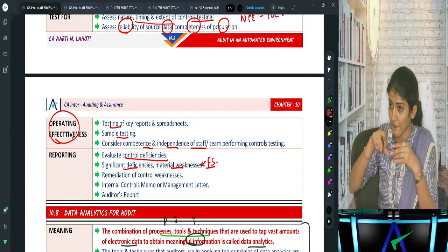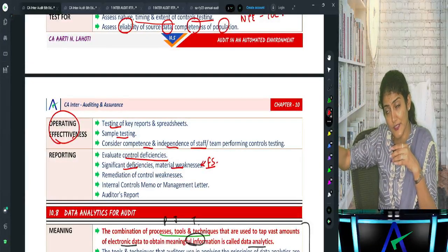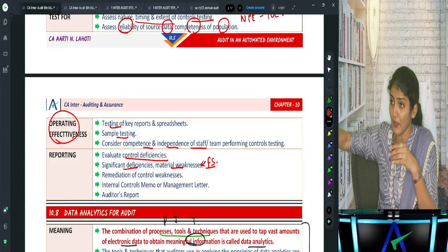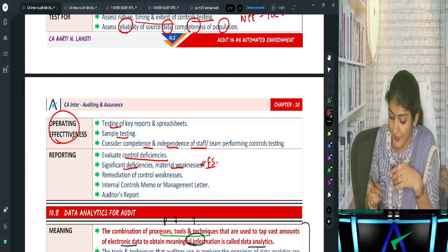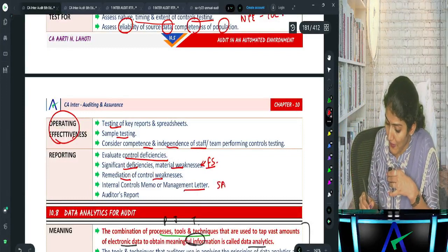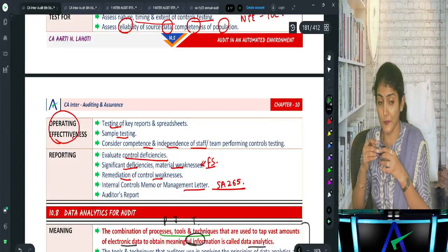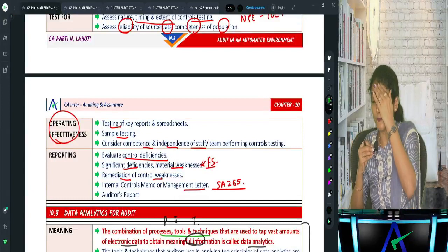One, it's a significant deficiency, but if the significant deficiency could affect your financial statement amount, then it is considered to be a material weakness. And then you check the remediation of the control weakness. You issue the management letter to management as per SA 265. 265 is not in your syllabus, but what is the title of 265?